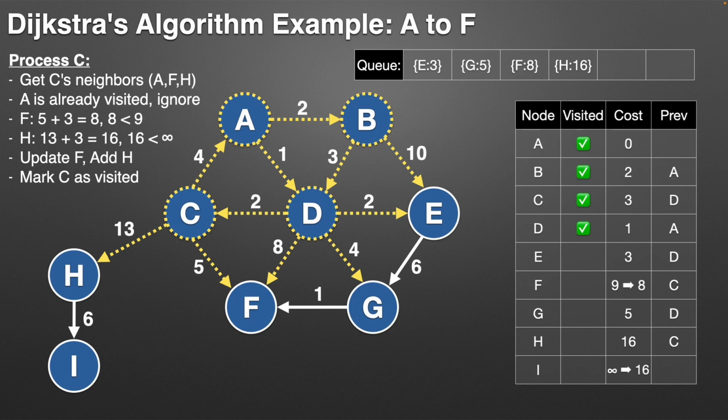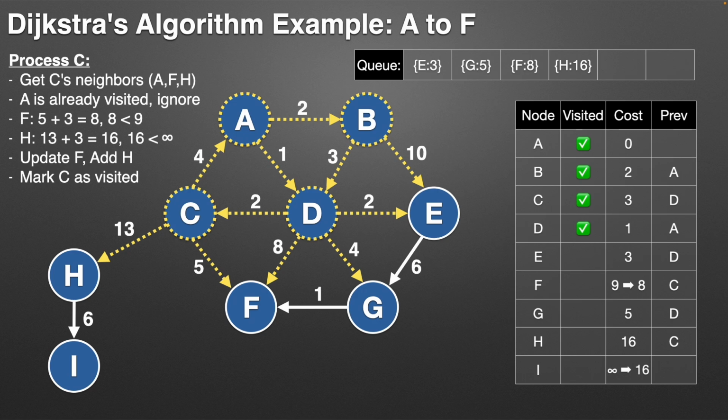For us to get to C, which we came through this way, the cost is 3. So from C to F is 5. So 5 plus 3 is 8, whereas our current cost of getting to F was 9. So 8 is better. We will go ahead and update that. That's now 8, and its parent, or its previous node, is now C.